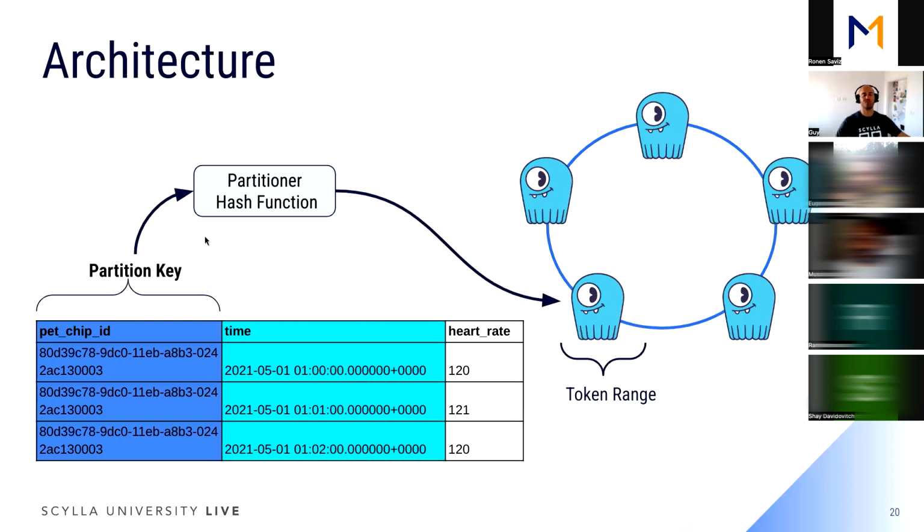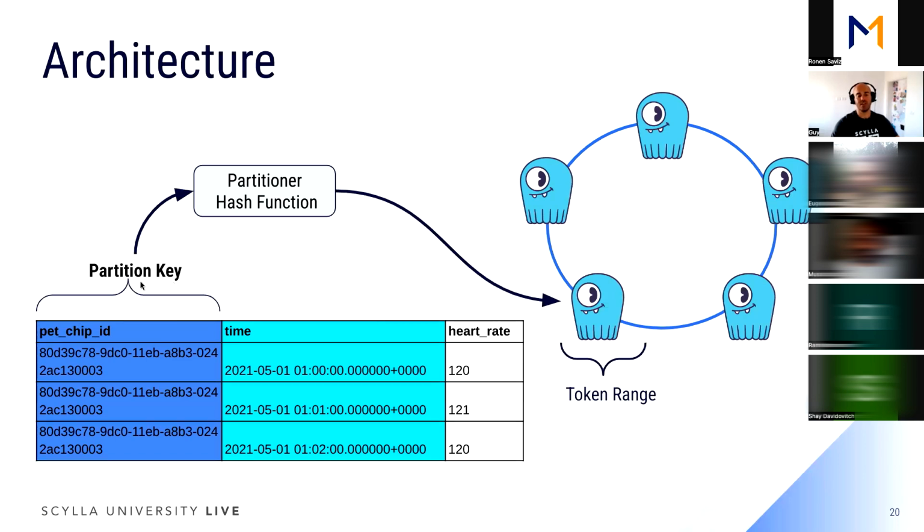Let's understand what happens under the hood when we perform a query to the database. How does the database know which nodes are responsible for each piece of data? So the way that this works is each one of our nodes in the cluster is responsible for a range of tokens. And what the database does under the hood, when we perform a query, is take the columns that are defined as the partition key.